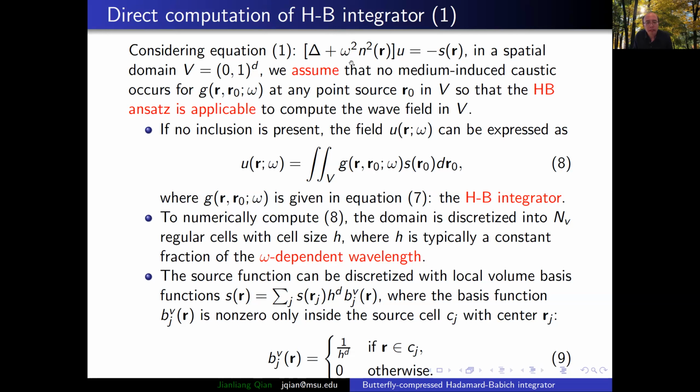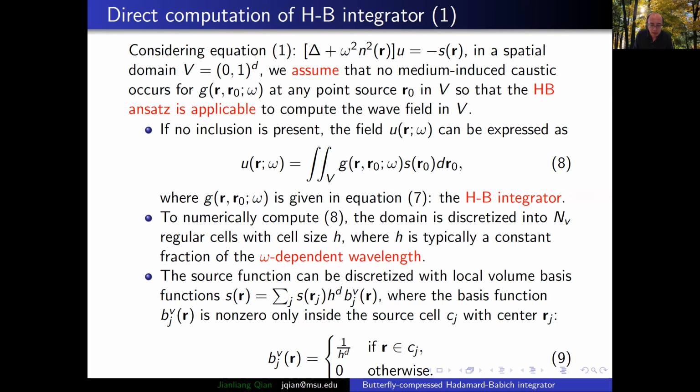We need to make an assumption here, because if we don't, caustics will occur in solving the eikonal equation. So at this stage we assume that the computational domain V is geodesically convex.